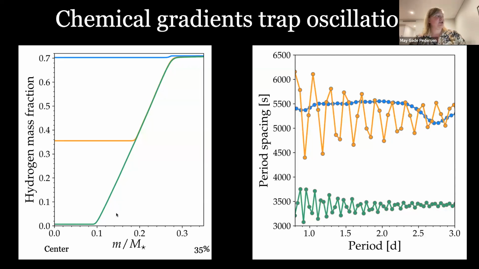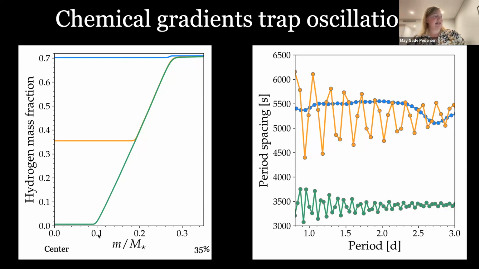So here on the left, I'm showing you 3 different profiles of the star, where we have the hydrogen mass fraction profile as a function of interior mass coordinate for about the inner 35% of the star.